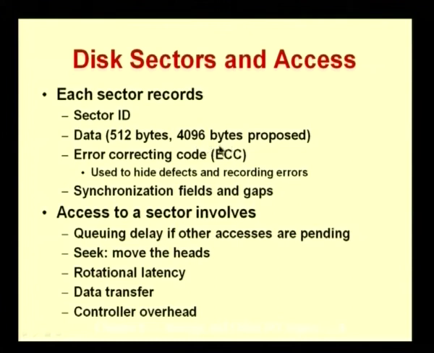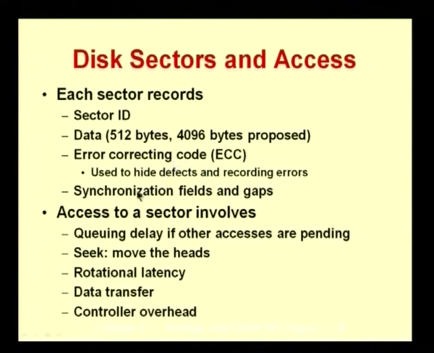In fact, now we have 4096 byte data storage on the sectors, and then there will also be an error correcting code, or ECC, that is stored along with the data. Now, the purpose of storing the error correcting code is basically to hide any defects that may be there and recording errors. Whenever there is a defect, for instance, the error correcting code will be used to identify that there is an error and correct it if possible. Okay, that is the purpose of an error correcting code.